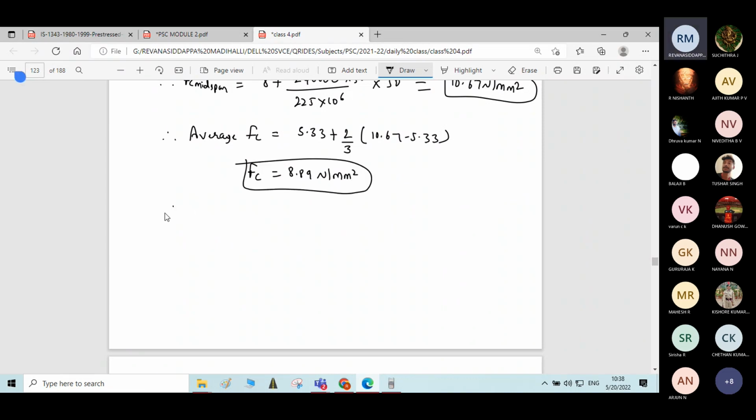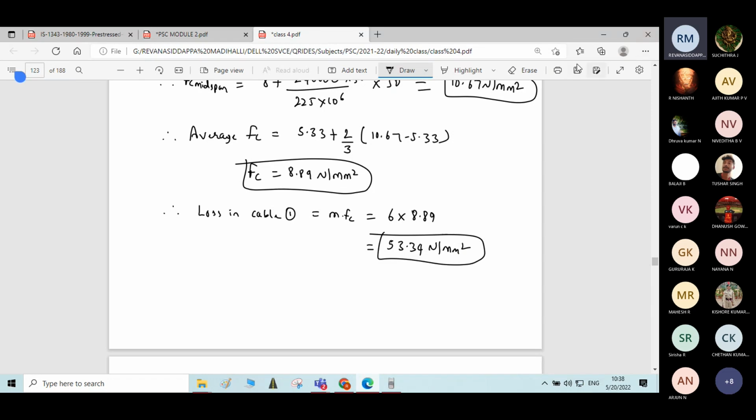Okay, therefore loss in cable 1 is equal to M into FC, where the modular ratio M is 6 and FC is 8.89. So it is 53.34 Newton per mm square.